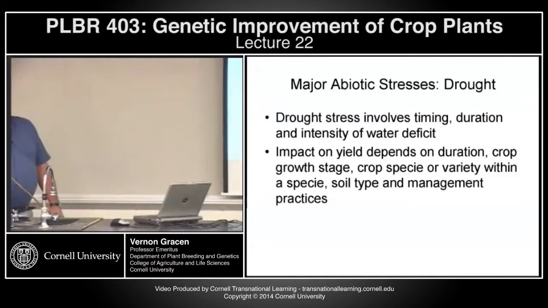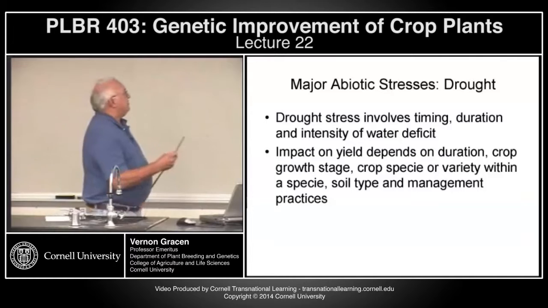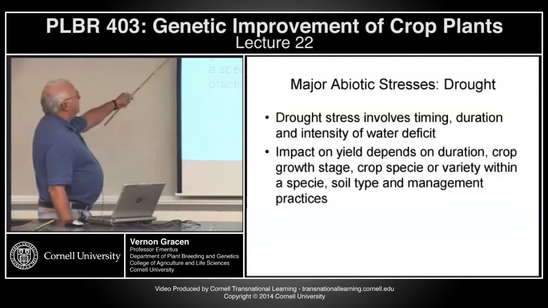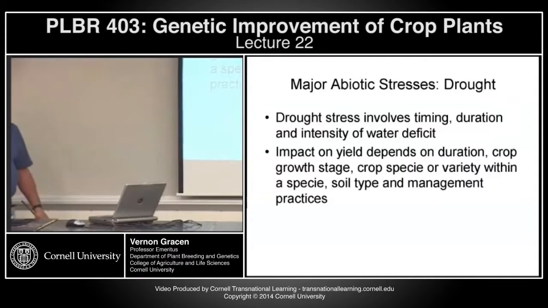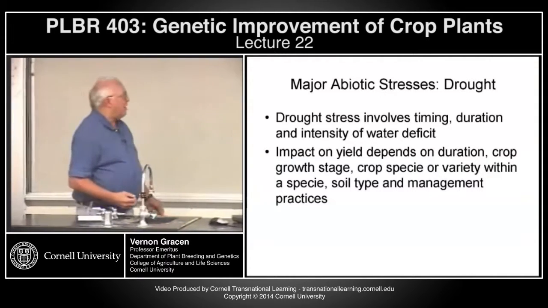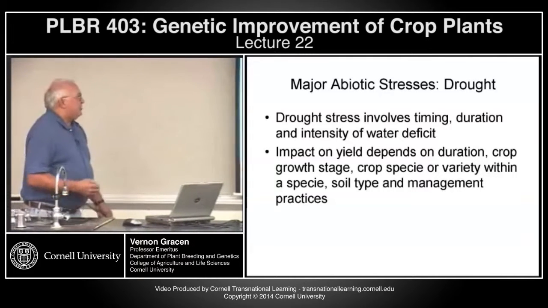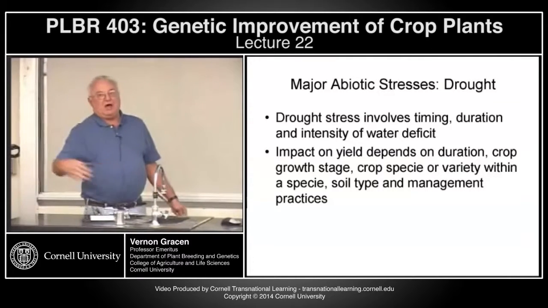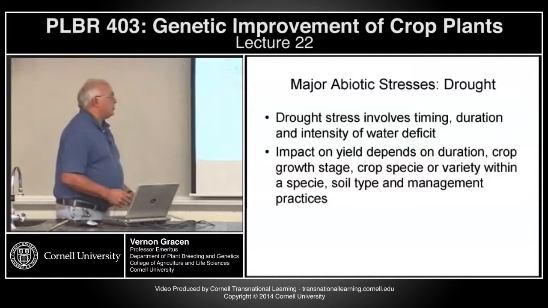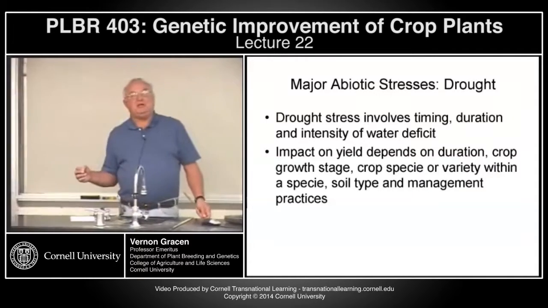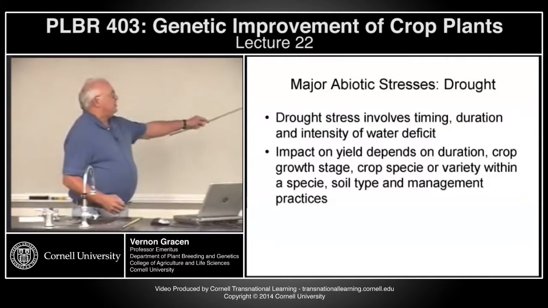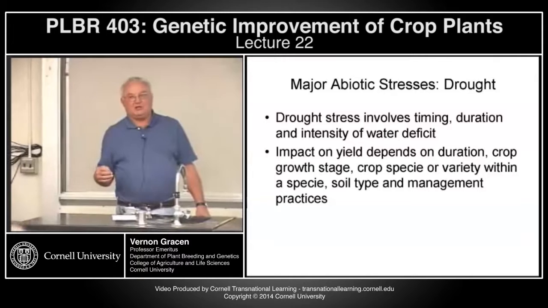On all of these stresses, I'll illustrate with drought. Drought stress involves the timing, the duration, and the intensity of water deprivation to a crop. And the impact on yield of that crop depends on how long it stays dry, the growth stage of the crop, the species, or in some cases the variety within the species, the soil type, and management practices.